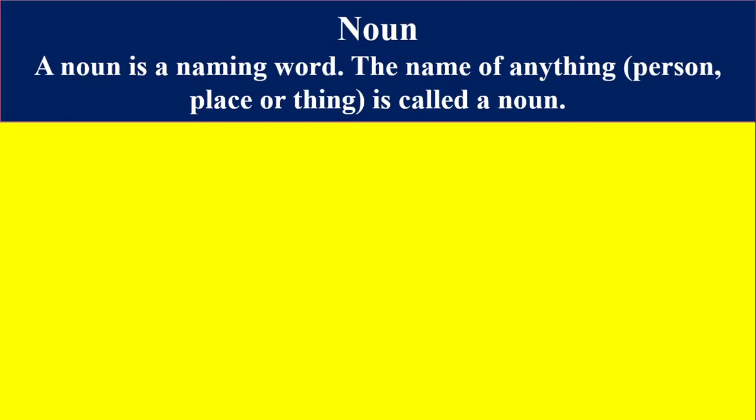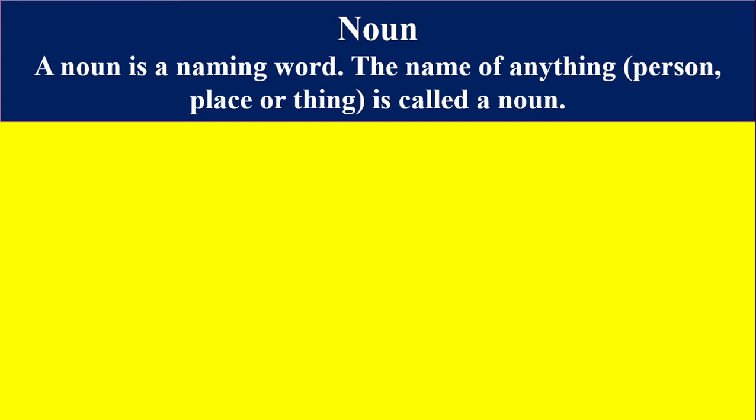Let's see. Noun. A noun is a naming word, the name of anything. A person, place, or thing is called a noun. You have your father in your house, you have your mother in your house.